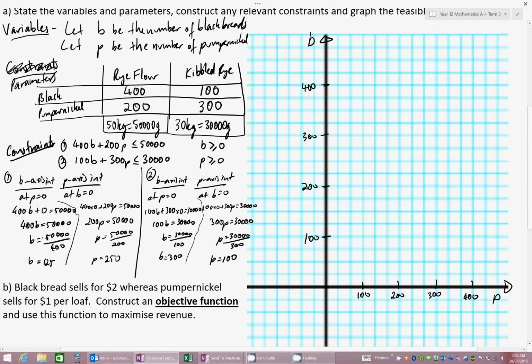So first constraint is p equals 0, b equals 125, over here. And b equals 0, p equals 250, right here, and we'll draw a straight line between these two.